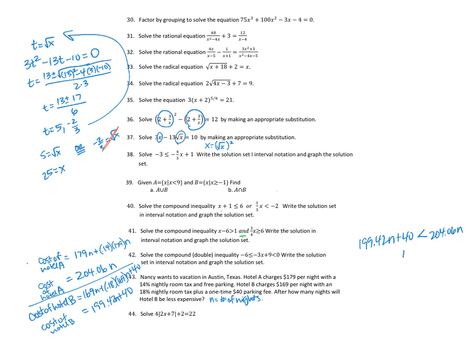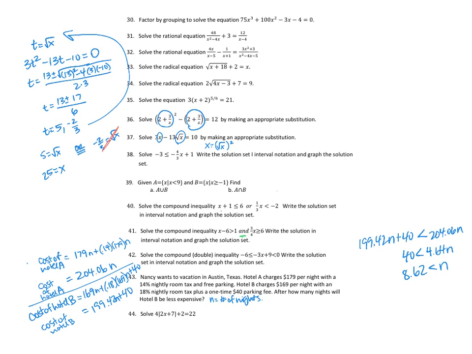And I get 40 is less than positive $4.64 times n. And then I can divide by 4.64, and I get 8.62 is less than n.